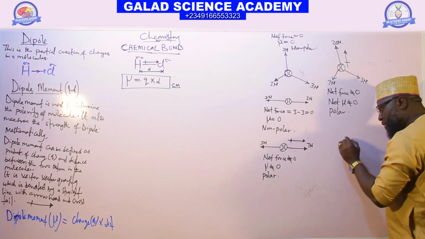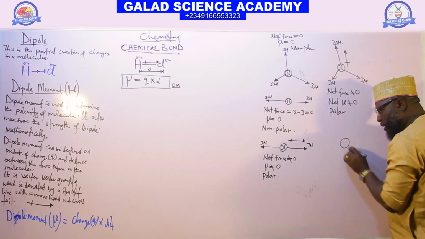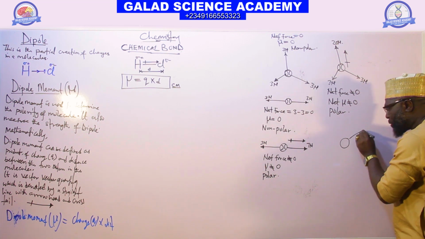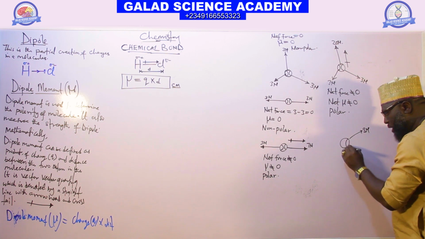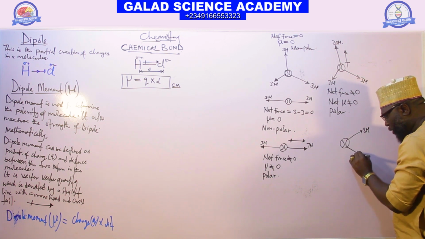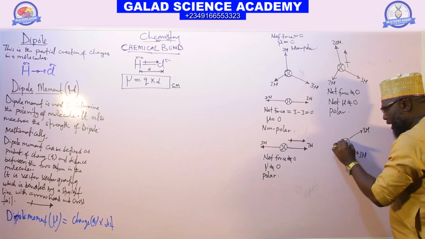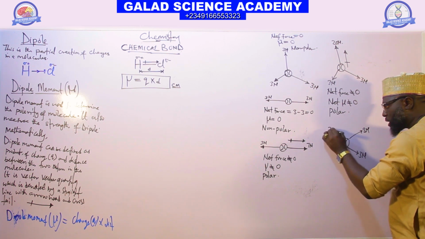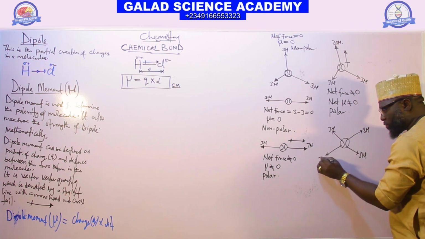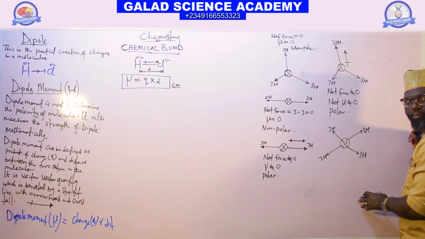The next one: if you have a ball in this form, and here we have 3 Newton, we also insert a force of 3 Newton here, another force of 3 Newton here, and another force of 3 Newton here.